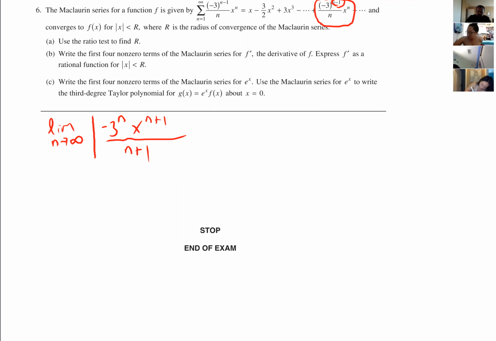That's the same as multiplying by the reciprocal. So the reciprocal would have n in the numerator. Then it'll have -3. I should put -3 in parentheses here. -3 to the n minus 1. And then x to the n is originally in the numerator. So when you take the reciprocal, it's going to go to the denominator.